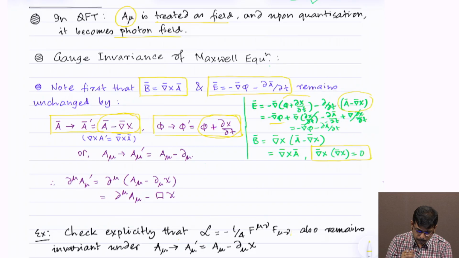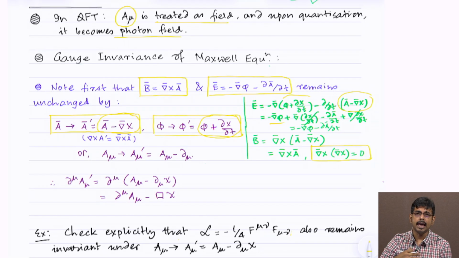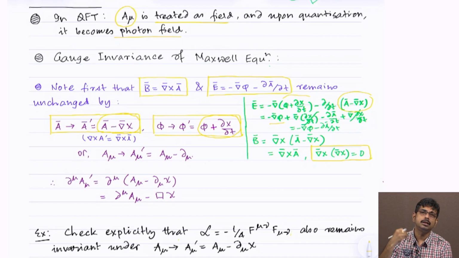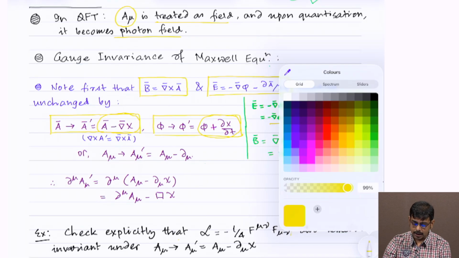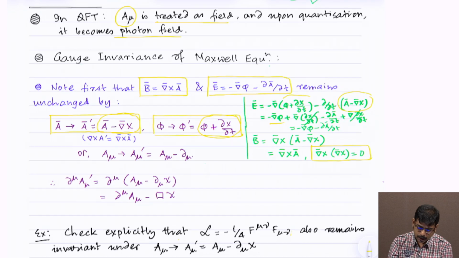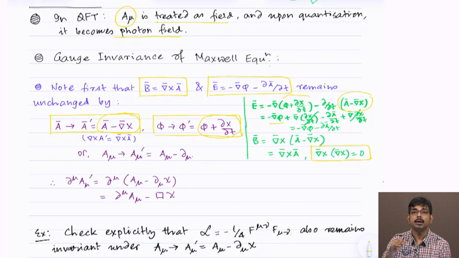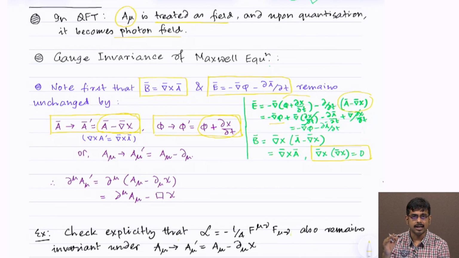So, therefore, the bottom line of this whole thing is that I can always write the vector potential A with an additional piece of gradient of χ in it, and the scalar potential with a derivative of that same function. So, I can always write A prime is equal to A minus gradient of χ with φ prime equal to φ plus ∂χ/∂t.